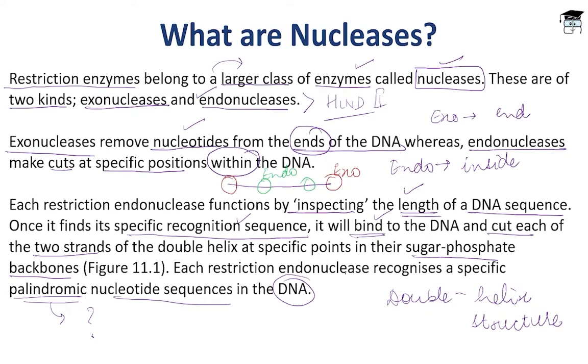Each restriction endonuclease recognizes a specific palindromic nucleotide sequence in the DNA. That means each endonuclease recognizes the specific recognition sequence, known as the palindromic nucleotide sequence. And it cuts this sequence not in the center, just a little away from the center.